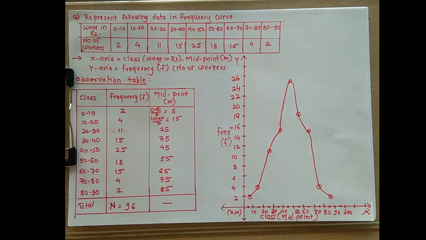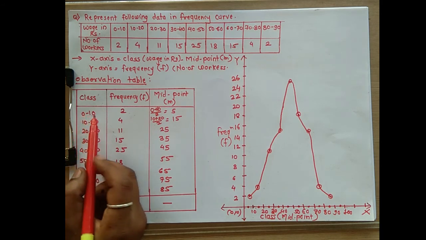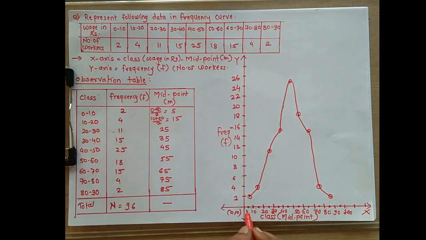For a closed frequency curve, we need two classes, one before the initial class and one next to the last class. First class is 0 to 10, so we take the class minus 10 to 0. Mark its midpoint, which is minus 5.